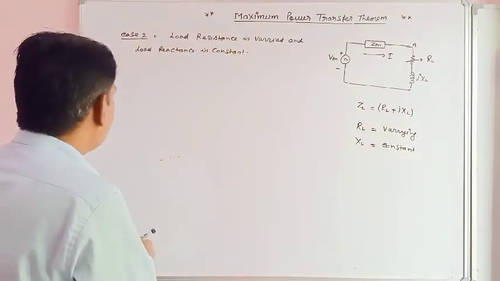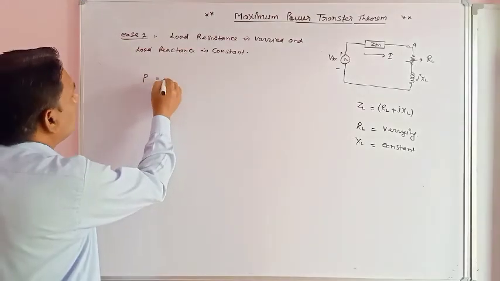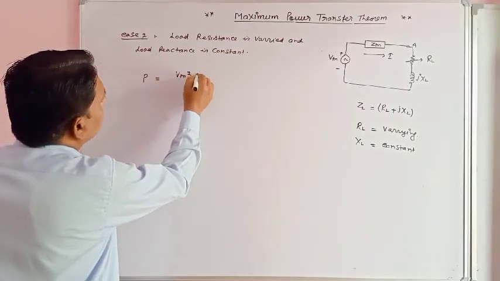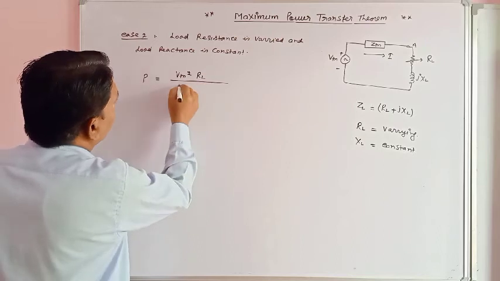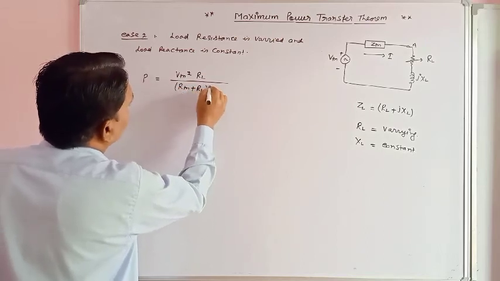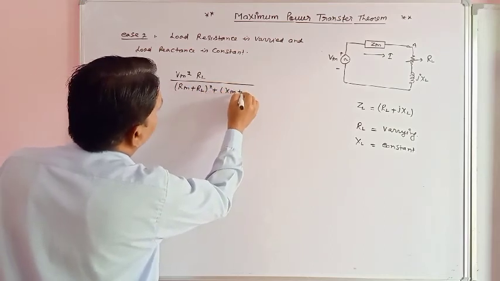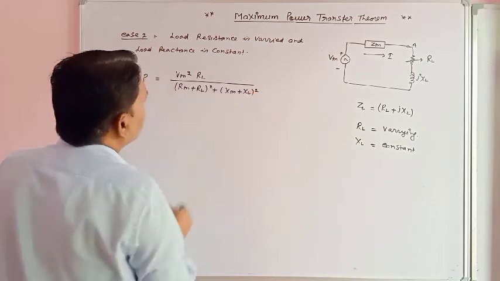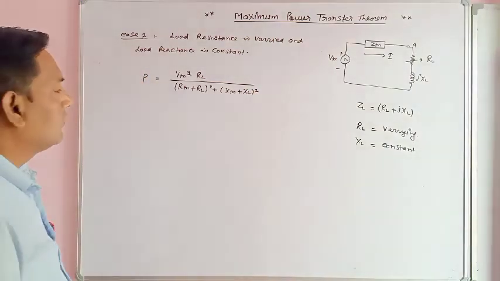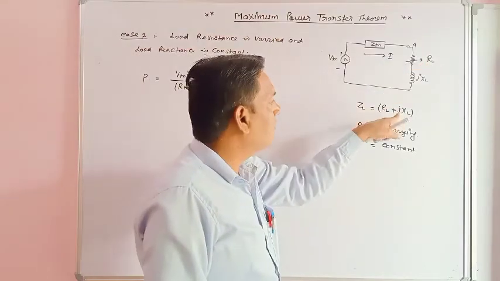We can write the same amount of power here. The general formula for power, P is equal to VTH square RL upon RTH plus RL to the whole square plus XTH plus XL to the whole square. This is the general equation of power. Now this power is varying with respect to RL, not with respect to XL.